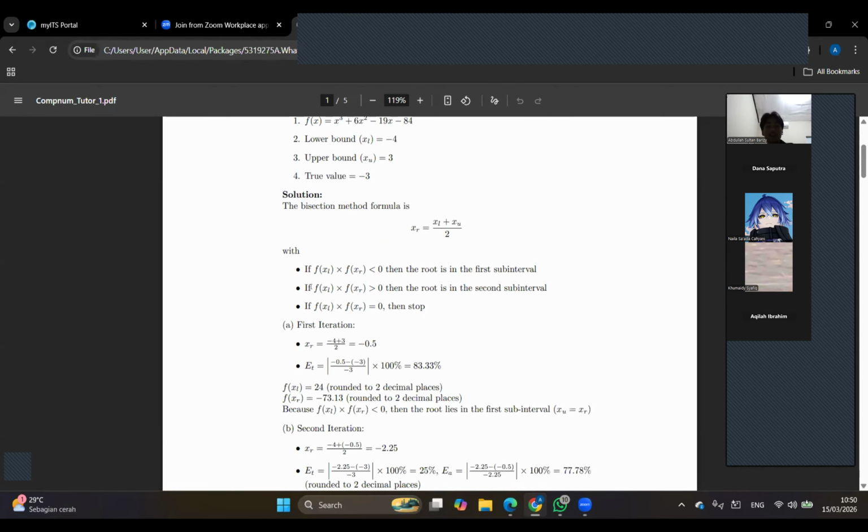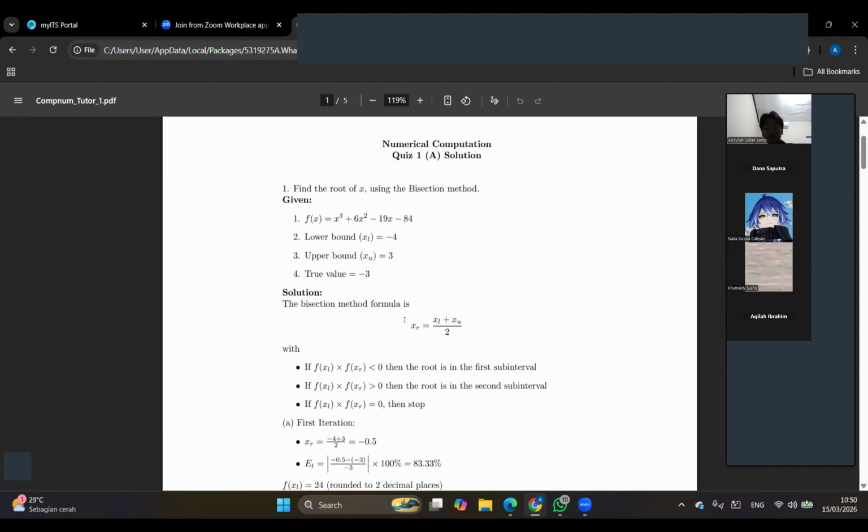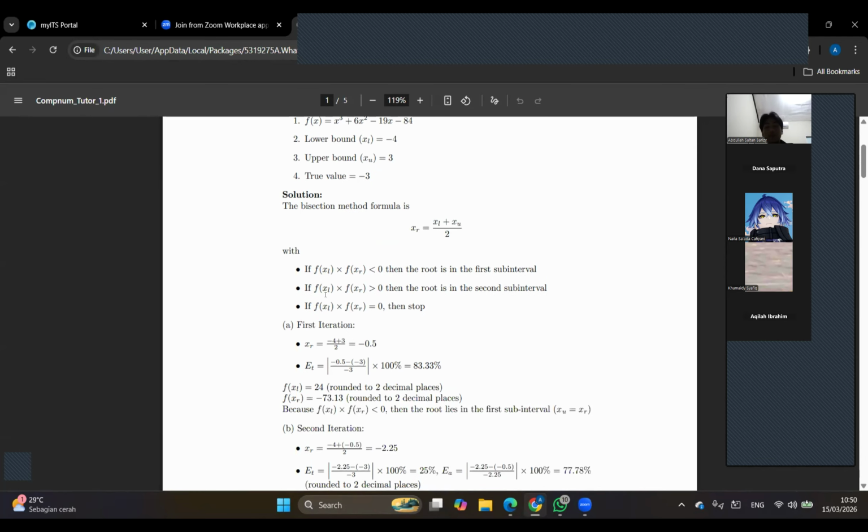To answer this, we're going to use this formula to find xr, the middle point between the lower bound and upper bound. Then to decide where to go after each iteration, you guys will use this rule. If fxl times fxr is lower than 0, then the root is in the first subinterval, on the left.